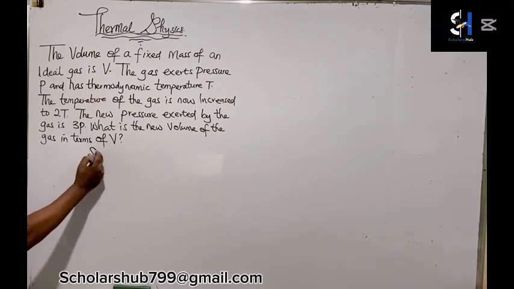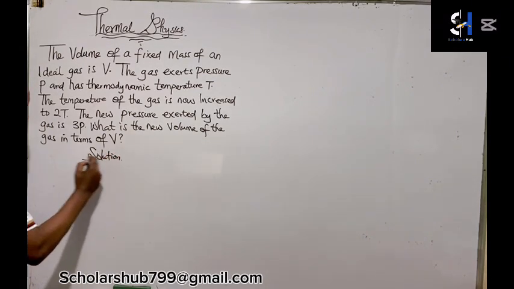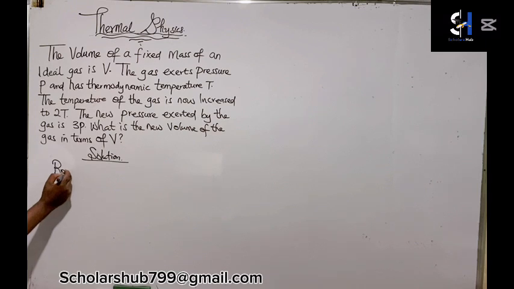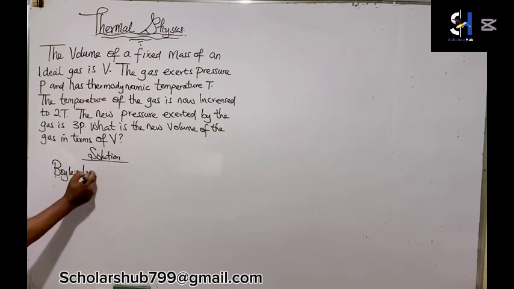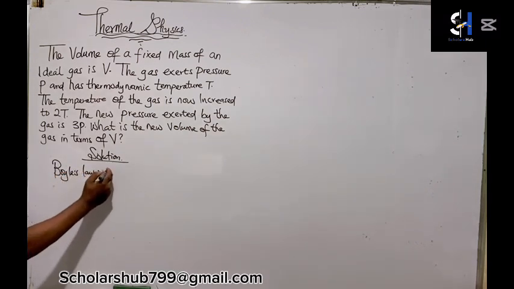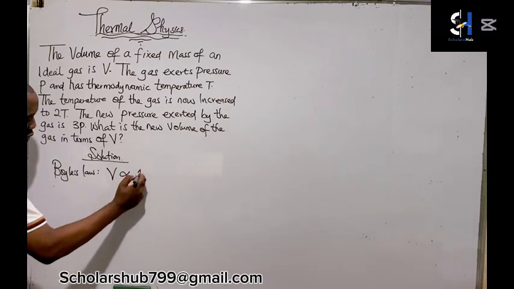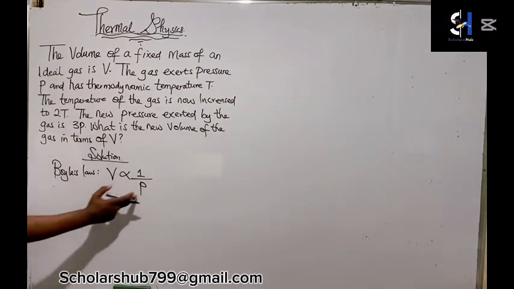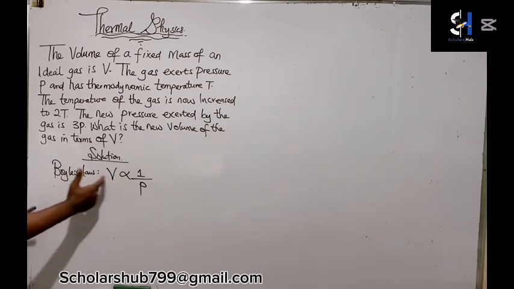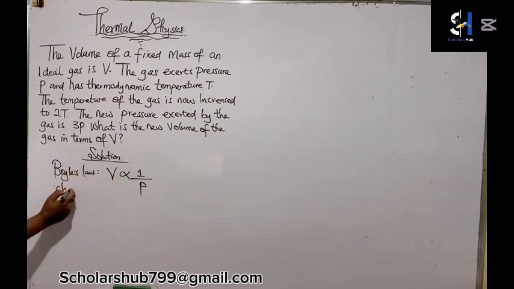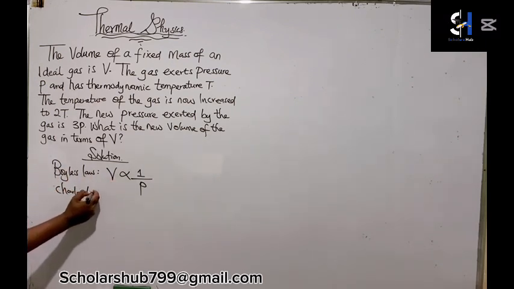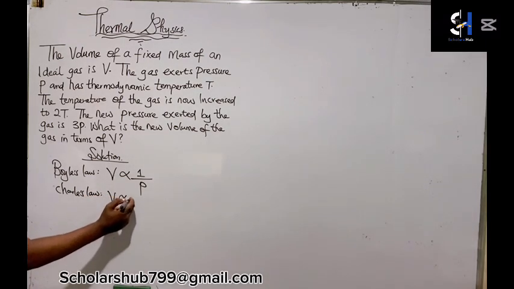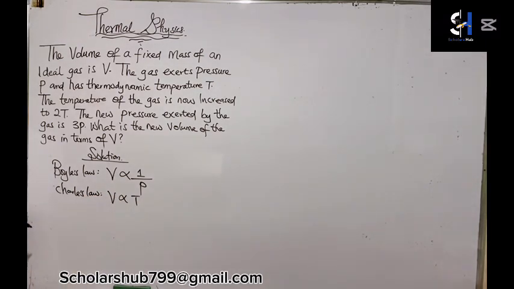What I'm saying in essence is that according to Boyle's law, V is proportional to 1 over P, where P is the pressure and V is the volume. For Charles' law, V is proportional to absolute temperature.